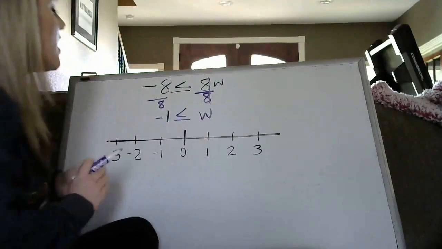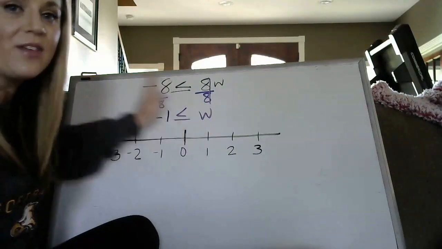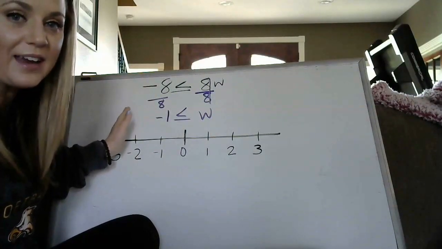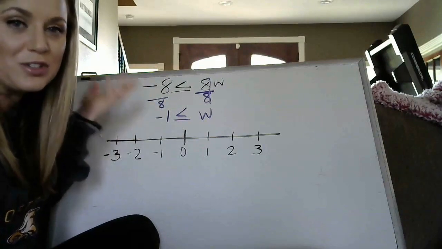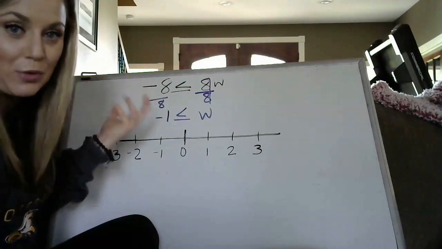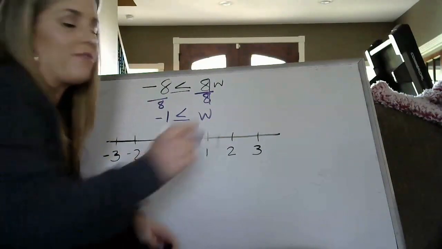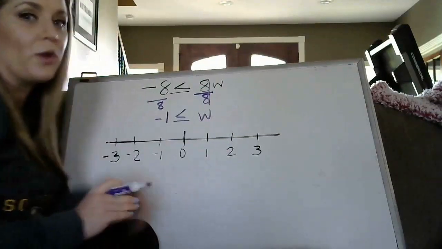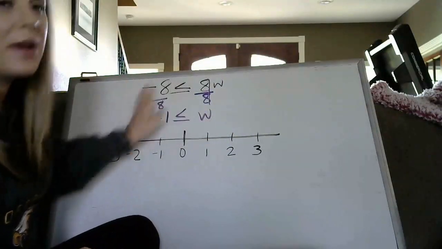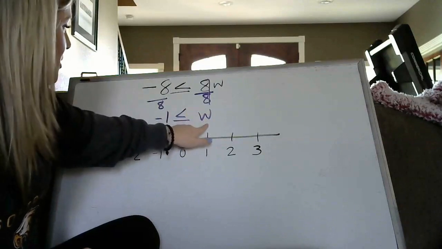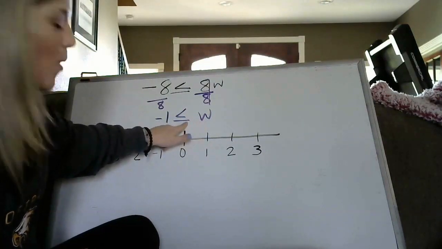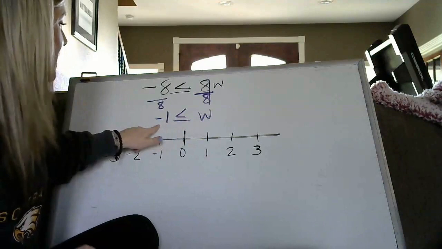All right, now, we really like to have the variable on the left-hand side. I don't know why. It's just the rule of the thing. It's easier to graph that way. So we're going to read it backwards. W is greater than or equal to -1.